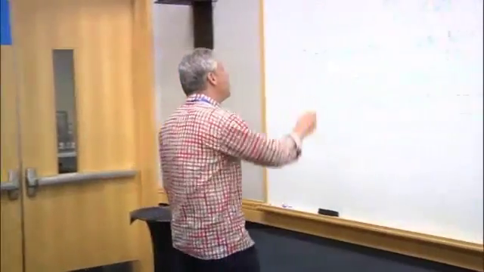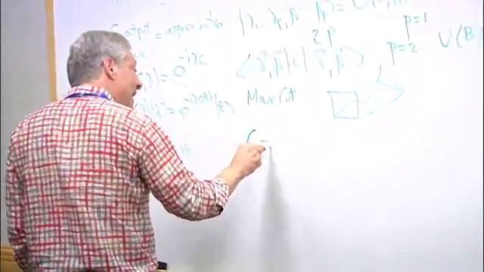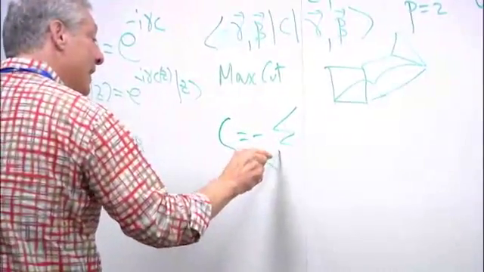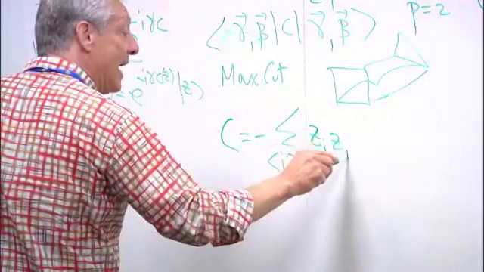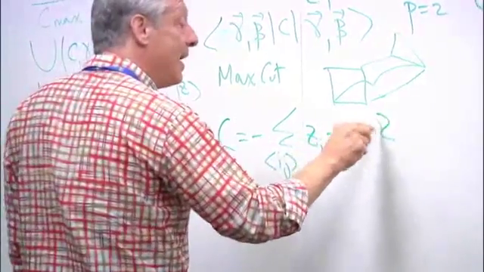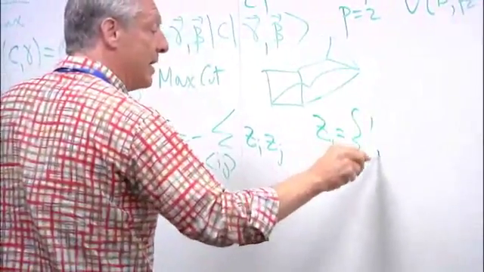It's like a two-coloring. MaxCut. Okay? So in terms of the Z's, my cost function C is minus the sum over the connections ij of Zi Zj as operators. But here I'm thinking of these as taking the value 1 and minus 1.